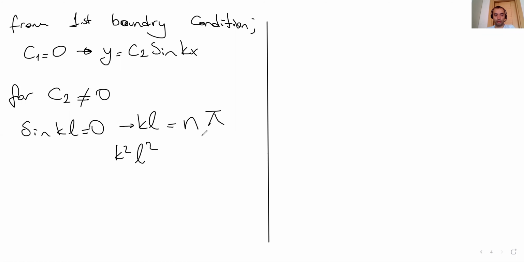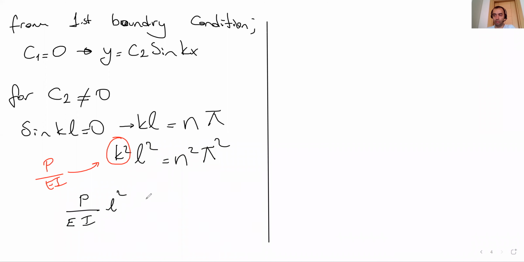If we take the square of the left and right sides, k square L square equals n square pi square. Remember, k square was P over EI, so P over EI times L square equals n square pi square.